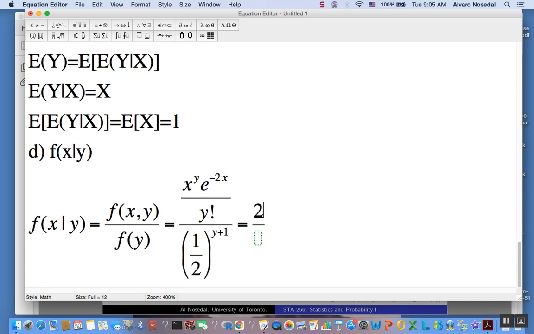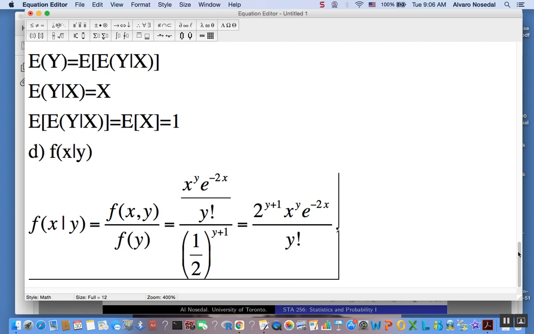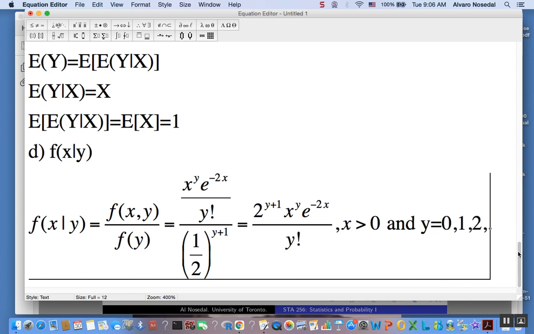Okay? We're going to have 2 to the power y plus 1, then x to the power y, e to the power negative 2x, and in the denominator we're going to have a y factorial, and the possible values are x must be positive and y could be 0, 1, 2 and so on.